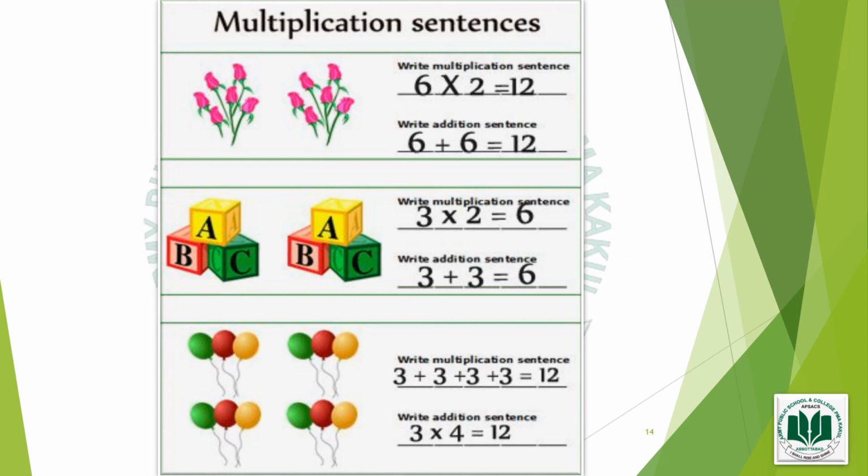And in the last column there are 4 groups of 3 balloons. Means you have to add the number 3 four times. Here we will multiply 3 by 4. 3 4s are 12. In this way, we can write the multiplication sentence.